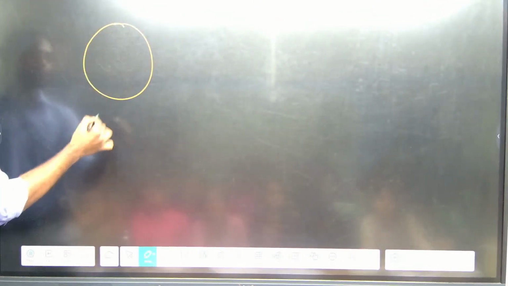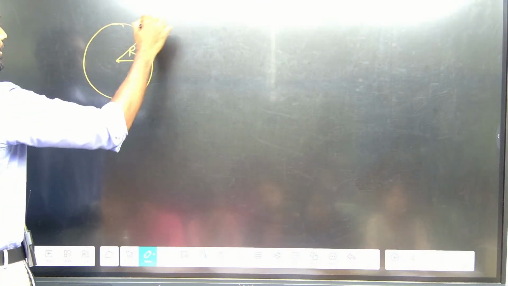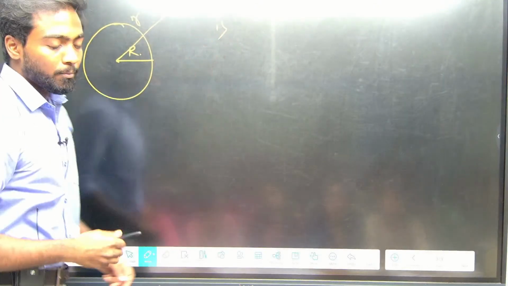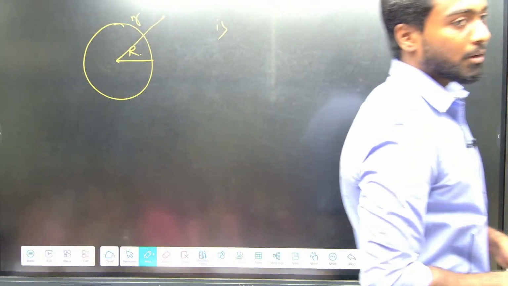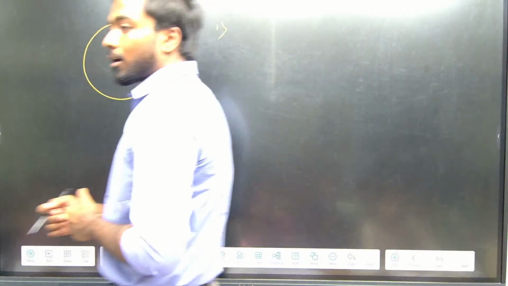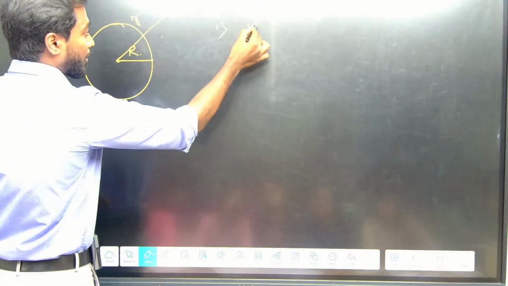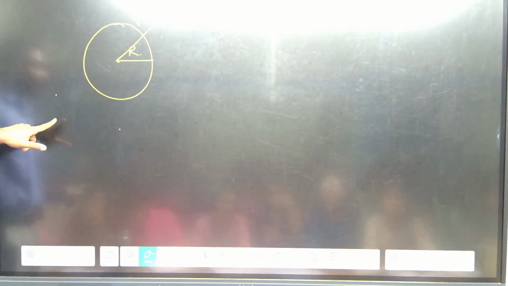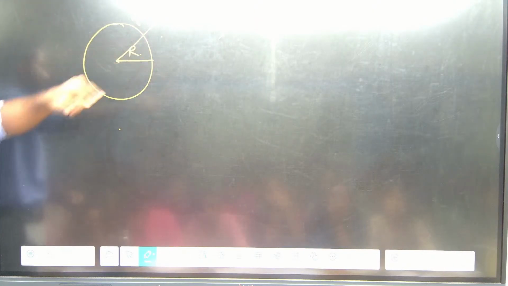This is my hollow sphere having the radius R. First one, due to a point outside. If I consider any point outside, can I say small r is greater than capital R?